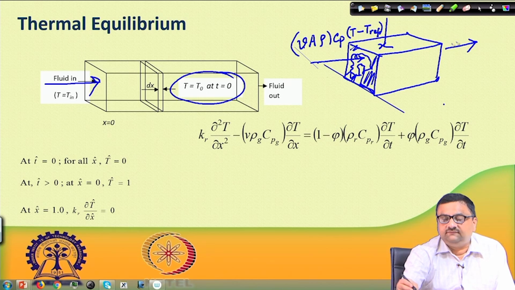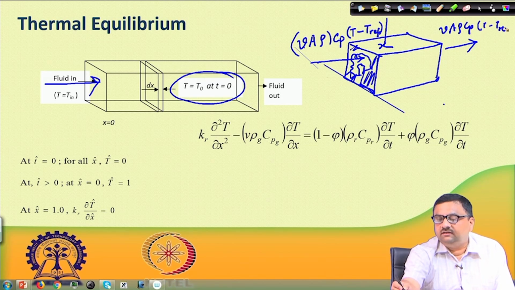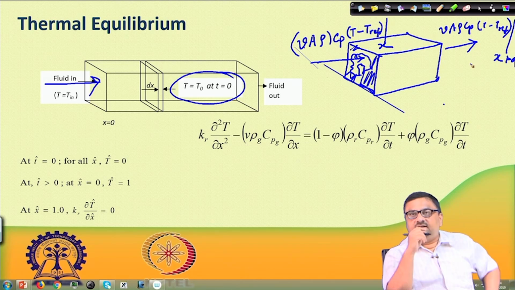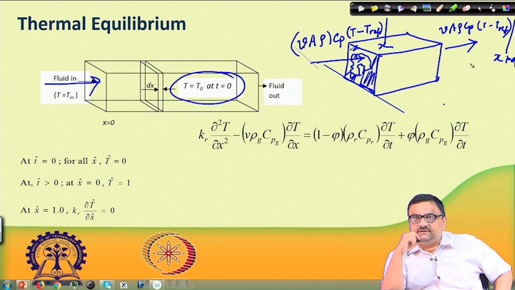And the heat that is leaving would be, once again, V A rho Cp (T minus T ref) at x plus delta x. That is what is going to leave the system.